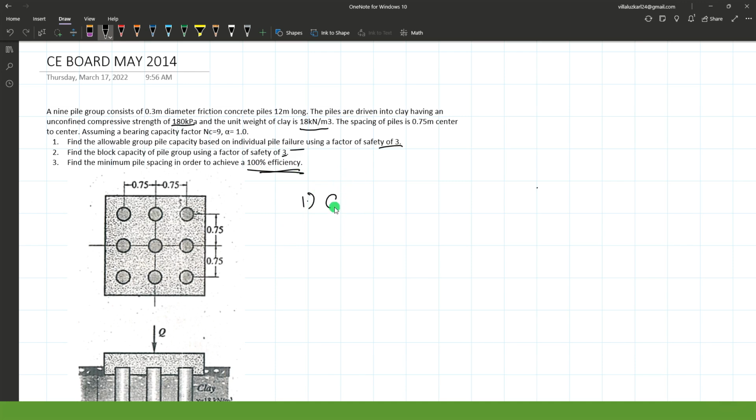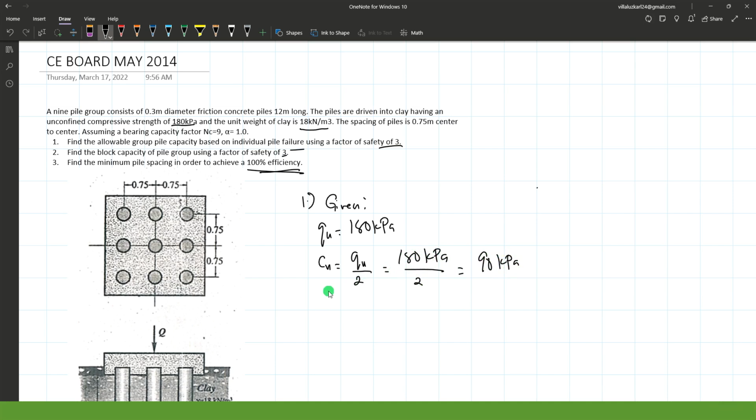let's write first the given. We have a given unconfined compressive strength QU, which is 180 kilopascal. From that we can determine the cohesion of the soil by dividing the QU by 2. So 180 kilopascal over 2, that will be 90 kilopascal.